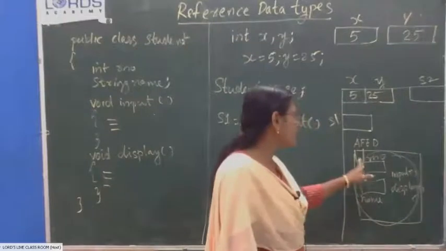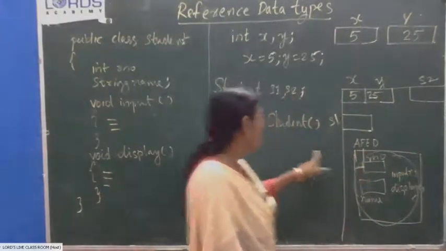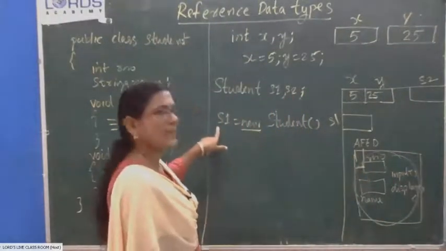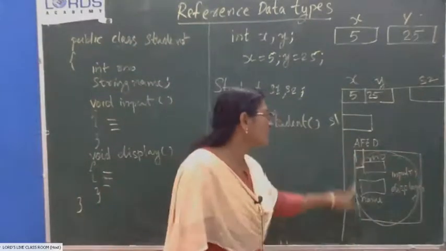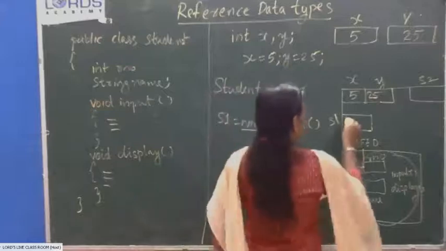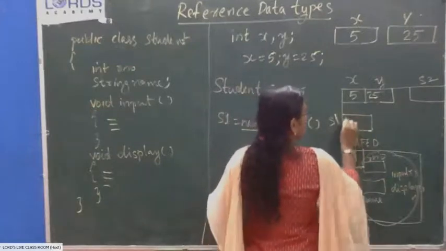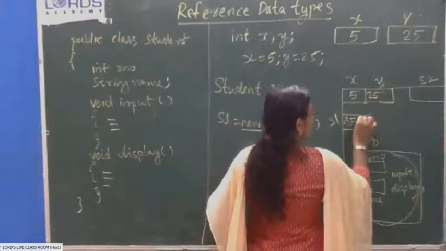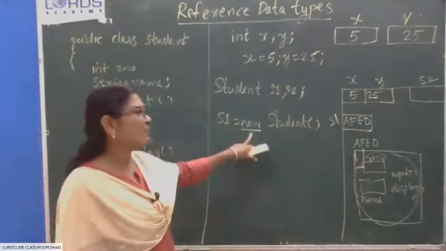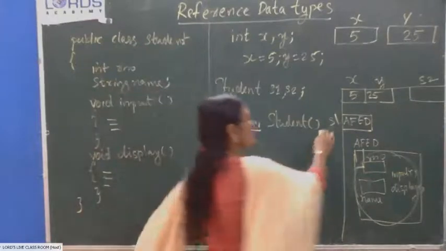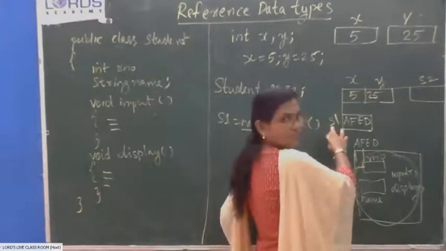So the starting cell address AFED will be stored in S1. In S1 we are storing the starting cell address of the object created in the memory with the help of the keyword new. I told you that S1 is a pointer variable.